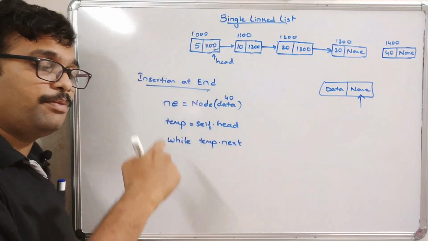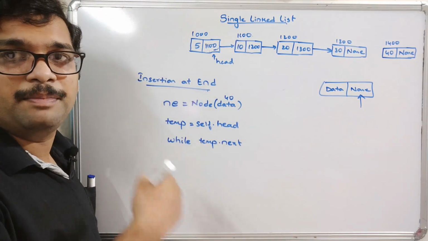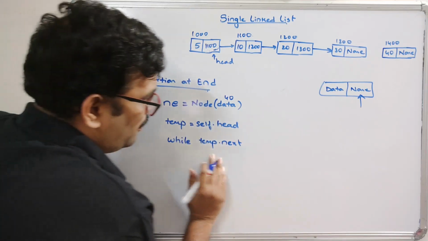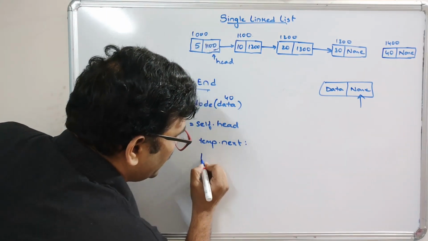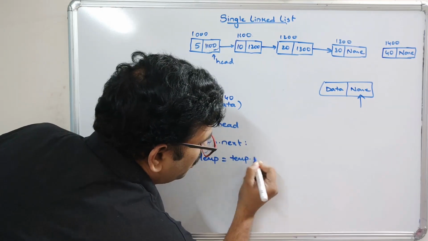Unless the temp dot next becomes none, it will keep iterating. That means temp is equal to temp dot next.